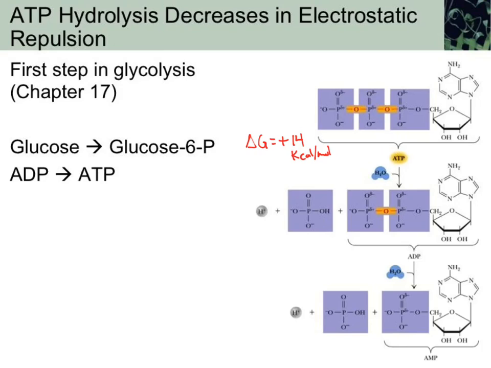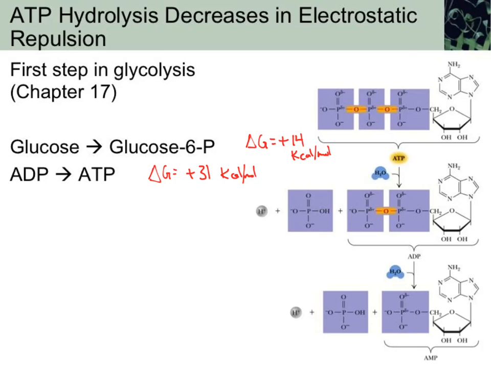So what happens? Well, we could look at ADP and ATP. What happens when we look at ADP to ATP? Well, the delta G in that case is plus 31. Same deal, same units. Uh-oh. Does that mean this reaction works?